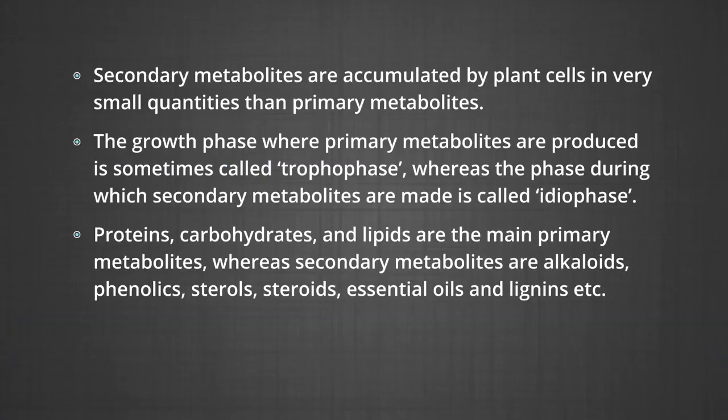Most of the secondary metabolites are involved in defense reactions. As I already have told you, they act as antibacterial, antimicrobial, etc. The main primary metabolites are proteins, carbohydrates, lipids, whereas secondary metabolites are alkaloids, phenolics, sterols, steroids, essential oils and lignins, etc.